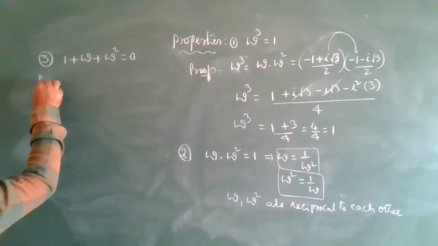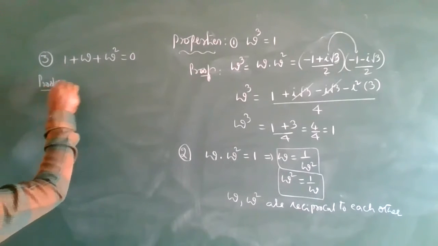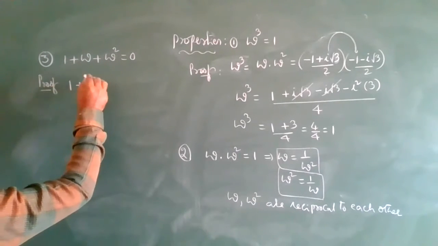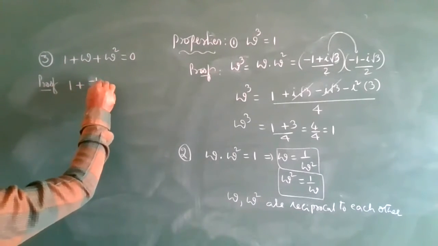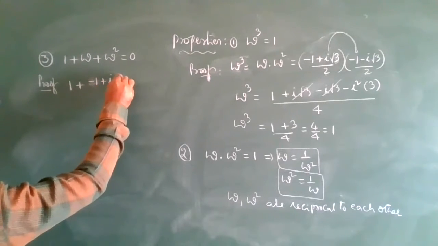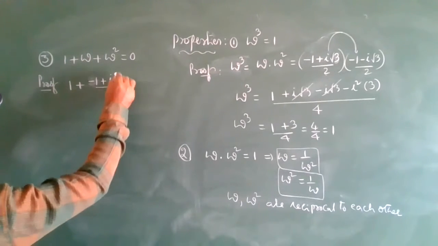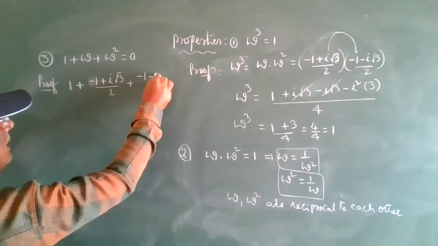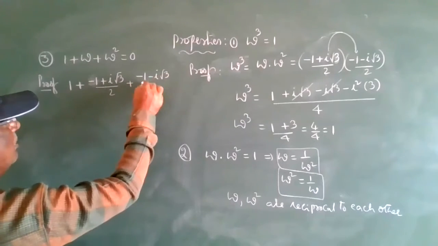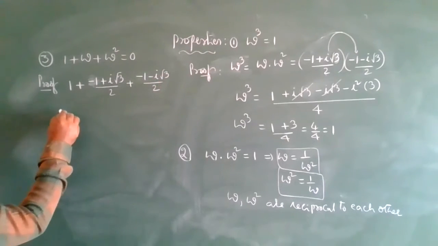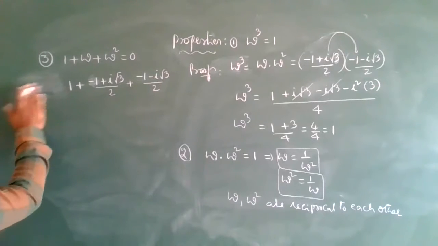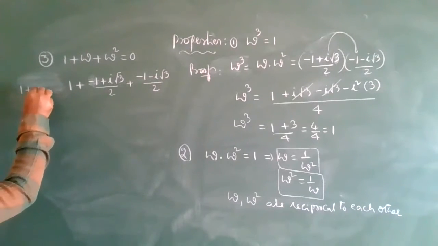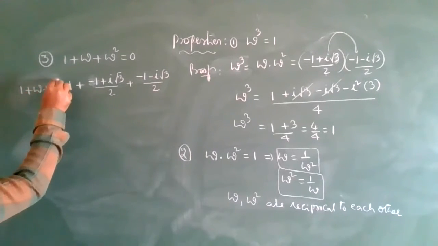Everyone see the proof. Omega value is minus 1 plus i root 3 by 2, and omega square value is minus 1 minus i root 3 by 2. Take the LCM.